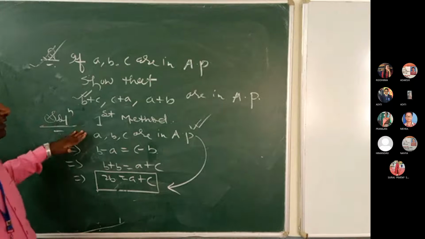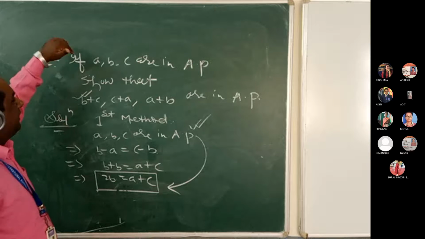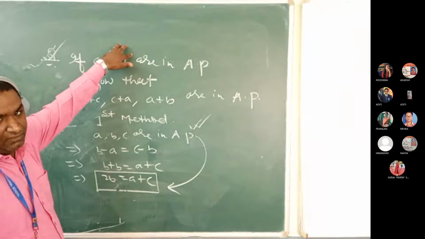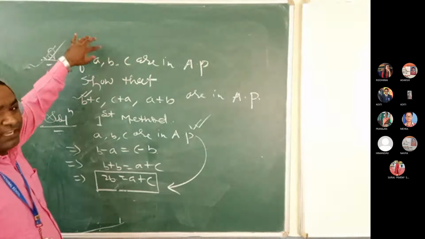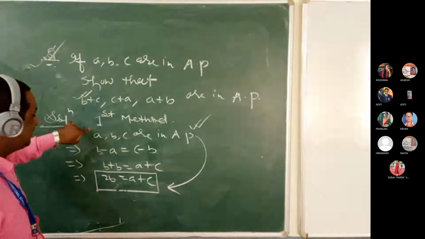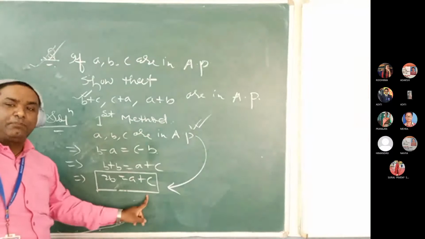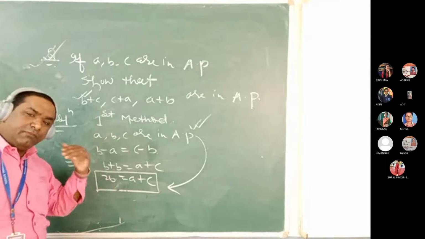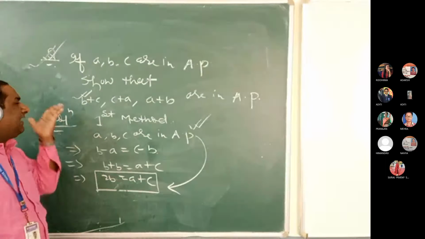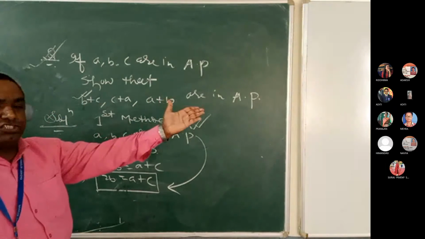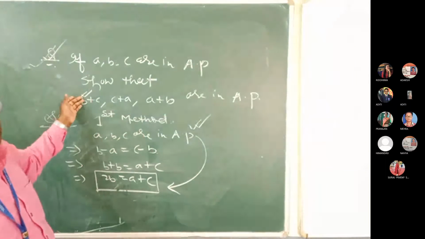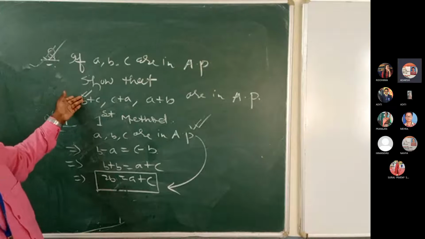So what is the first method? Whatever sequence is given, extract the hidden information. For this sequence, the hidden information is 2B is equal to A plus C. Now, if we prove this result by assuming this sequence is in AP, then this sequence is also in AP.